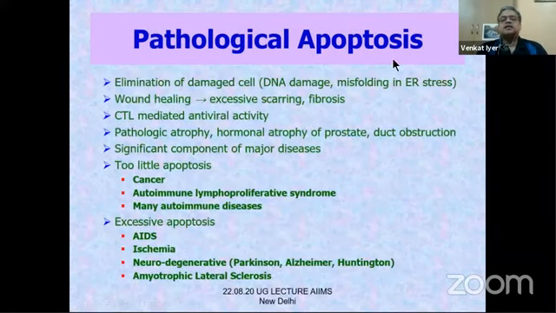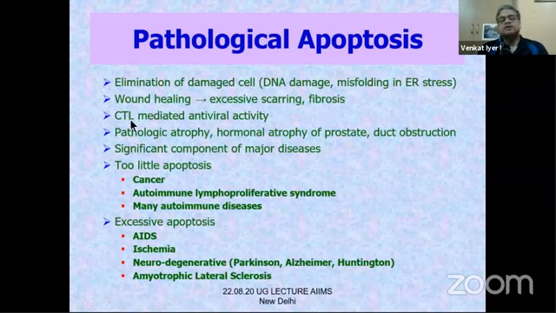Pathological apoptosis, on the other hand, is used for elimination of damaged cells. For example, misfolded stress proteins can cause either cell injury or apoptosis. In wound healing, excessive scarring and fibrosis can be there if apoptosis is not properly controlled.